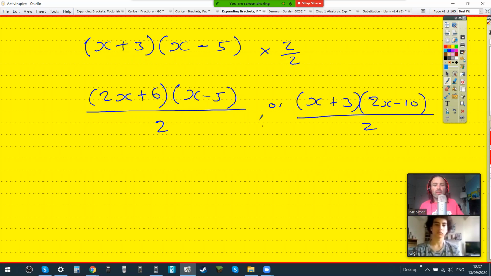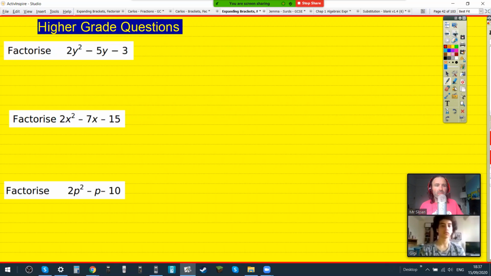And you can do that forwards. You can also do it backwards. So doing that brings it back to the original, or doing that brings it back to the original. And so you can do it forwards and backwards.